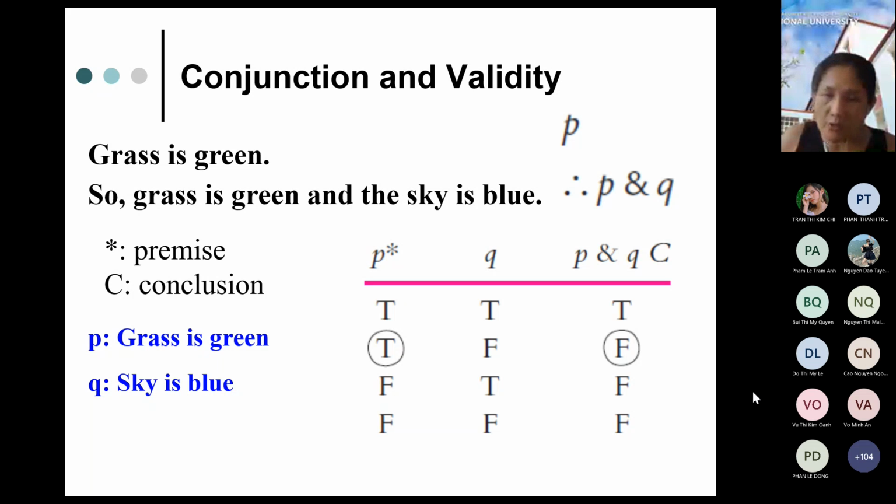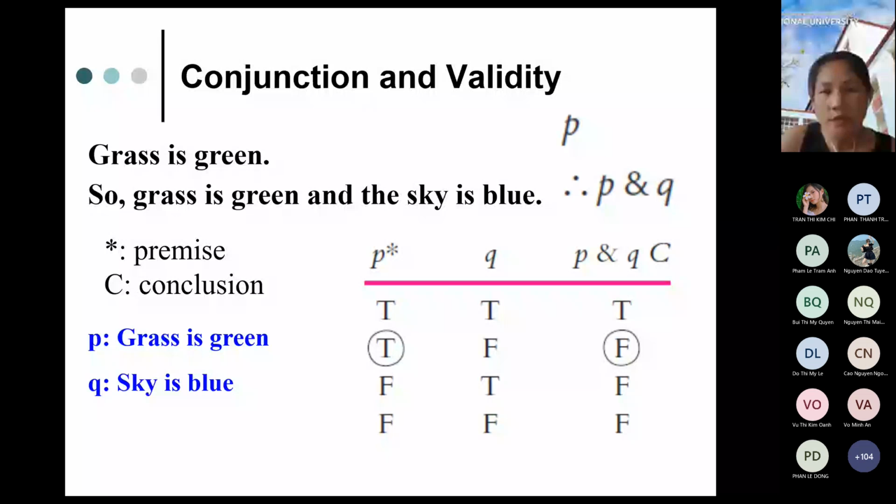Although 2 is correct, you must actually look at 2 rows, 1 and 2, because the validity rule says to find all the rows that have a true premise. In this case, we only have one premise, so we only look at one column. And here, you see, we have 2 rows that have a true premise. So we need to check 2 rows, not only one.